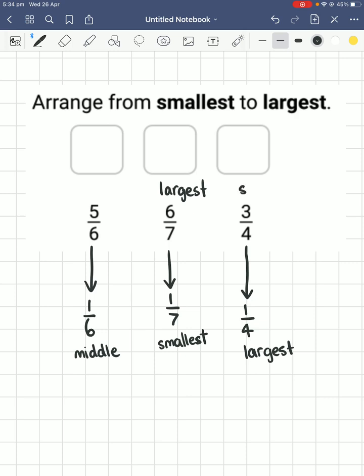And similarly, if you're taking away a whole quarter, well, that means you're going to be left with a smaller part to make up a whole. So if you take away 1/4, 3/4 is actually not going to be as large as if you only took away 1/7. And finally, we still have our middle. So all we did was we reversed the order. So now we can put it from smallest to largest: 3/4, 5/6, and 6/7. There we go. Put some commas in there.